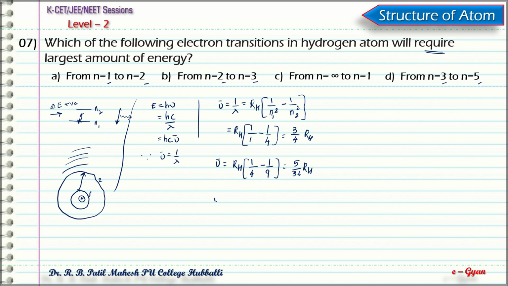Coming to the fourth option, nu bar is equal to RH into the bracket 1 by 3 square is 9 minus 1 divided by 5 square is 25, which is equal to 16 divided by 225 times RH. So with this we can get the answer that 3 by 4 times RH is having higher energy compared to the others. So option A is the correct one, which requires the largest amount of energy.